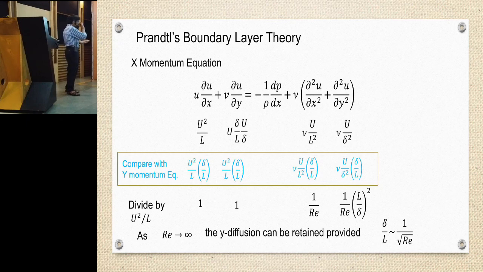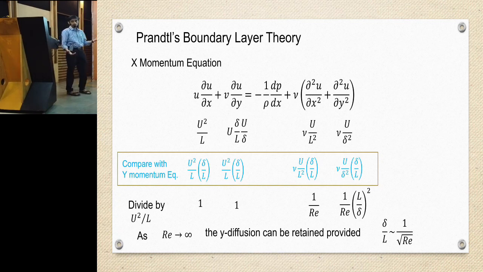So now, as Re tends to infinity, okay, we saw the limit, asymptotic limit. It's very clear that this term will go to 0, just 1 over Re. But now, the question is whether this term will also go to 0.